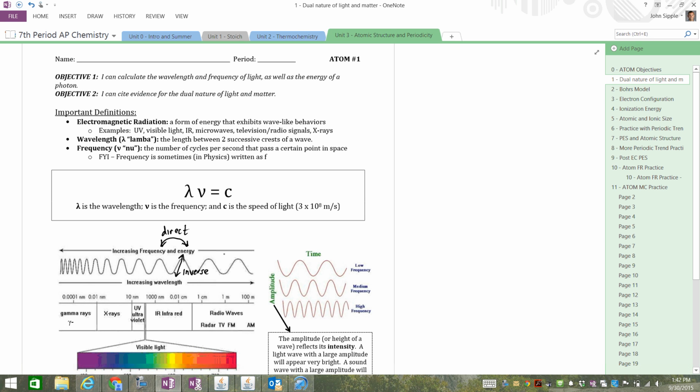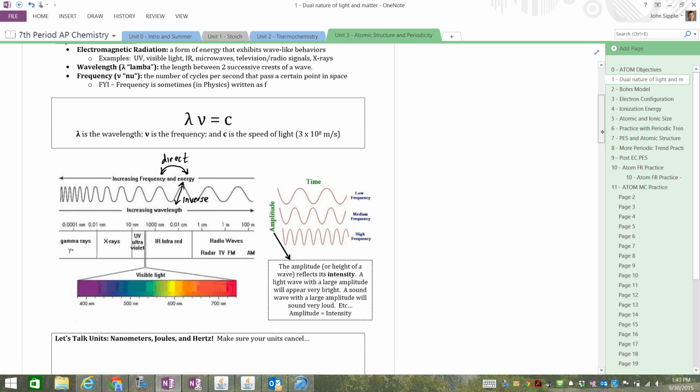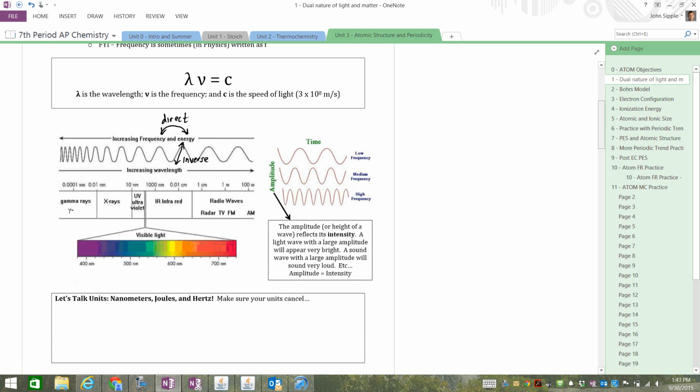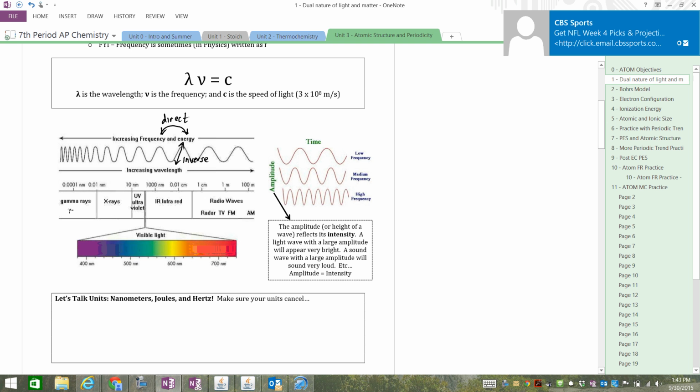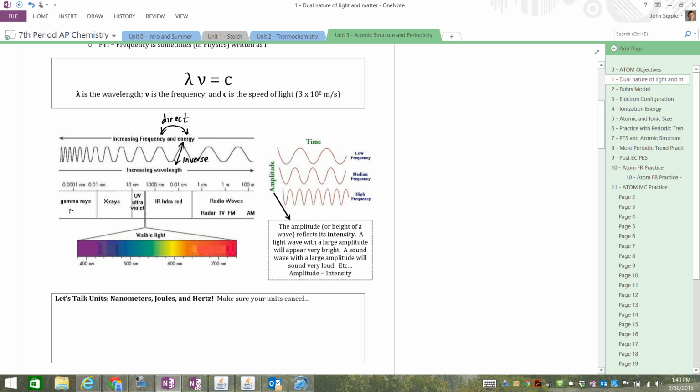Something else we want to touch on is amplitude. Amplitude is basically, if you've got the stereo cranked up, or is it playing very soft? It's still the same wavelength, it's just a matter of amplitude. Is the light really bright? Is the sound really loud?